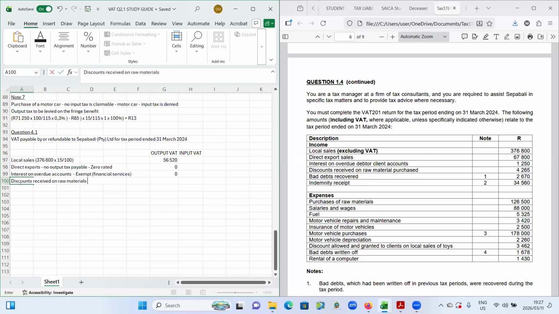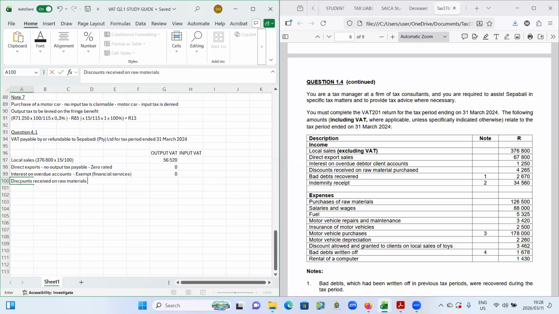Remember what they mean here. The vendor purchased some raw materials, and after purchasing them, they got a discount. So do we have input? Should we claim input or should we pay output tax on this one?